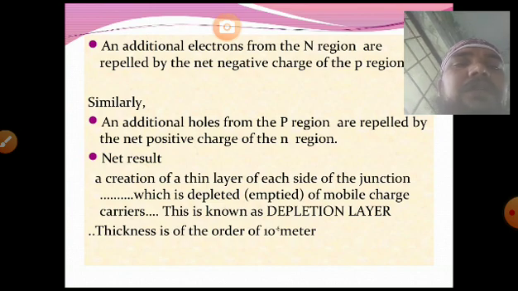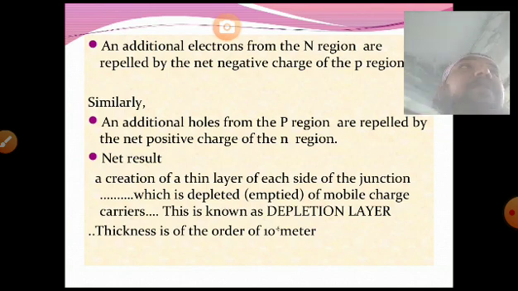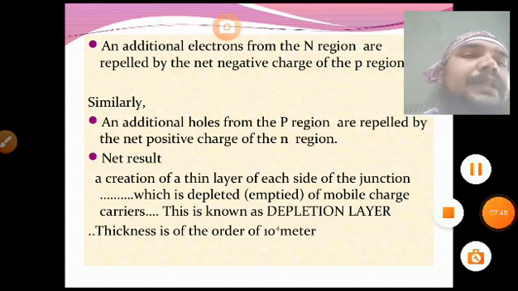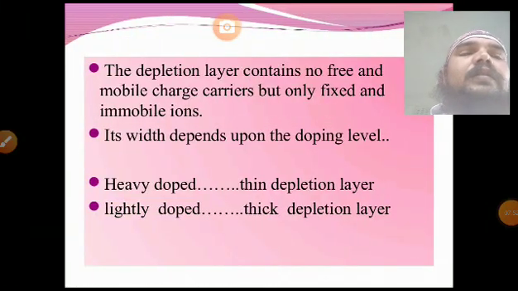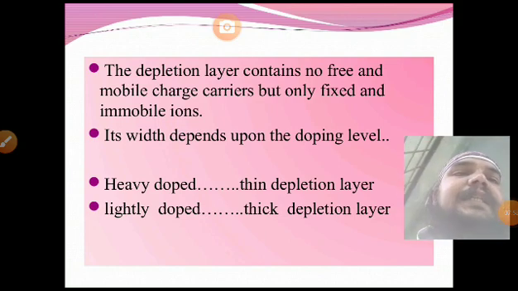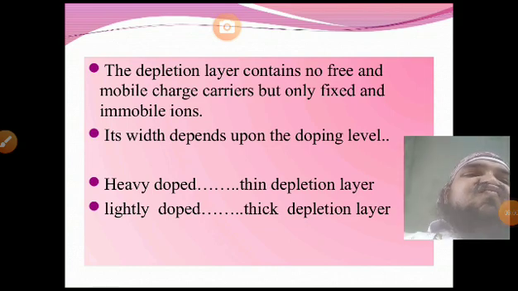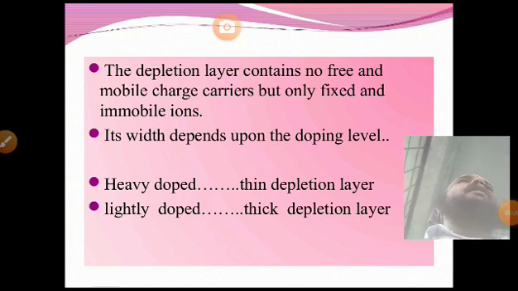The thickness is of the order of 10 to the power of minus 6 meters. The depletion layer contains no free and mobile charge carriers, but only fixed, immobile ions.